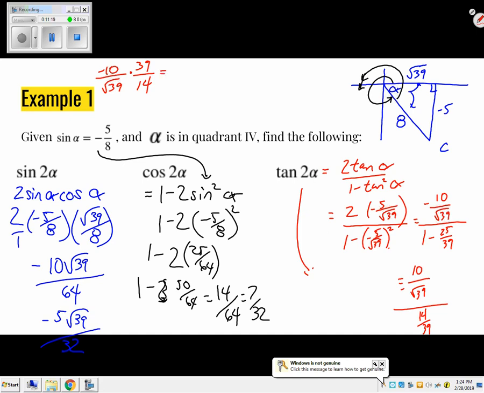You just want to work with the big numbers? Or you want to try to cancel? See, like, I can do 10 and 14. I can take a 2 out of both of those. And what's the square root of 39 divided by the square root of 39?